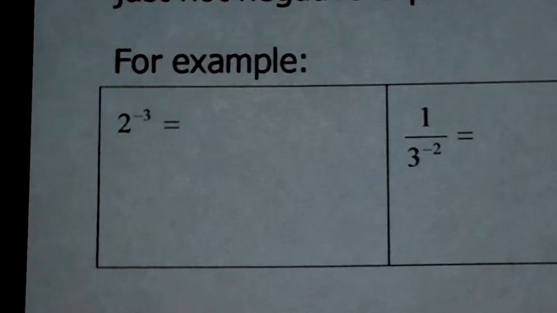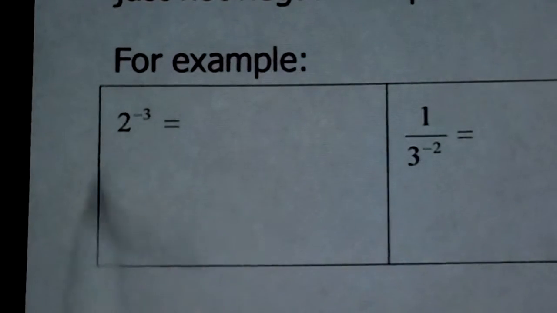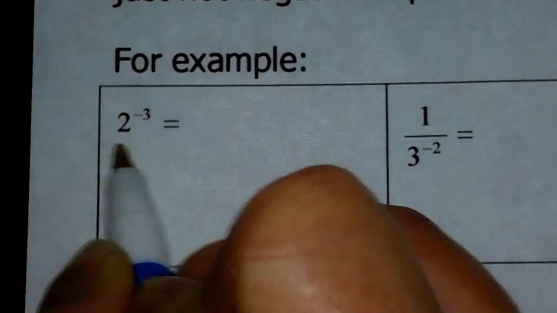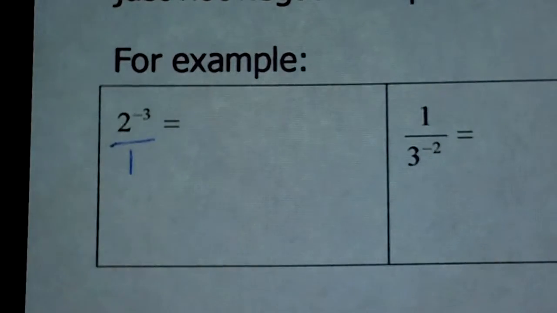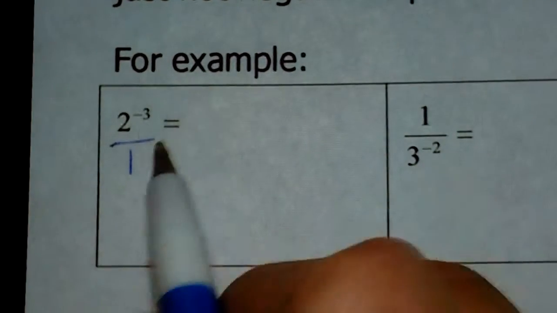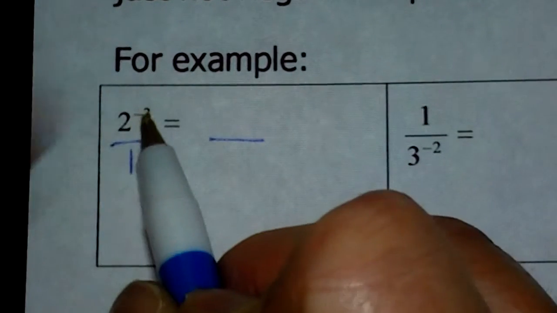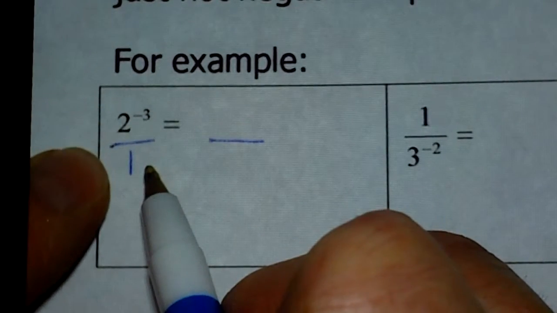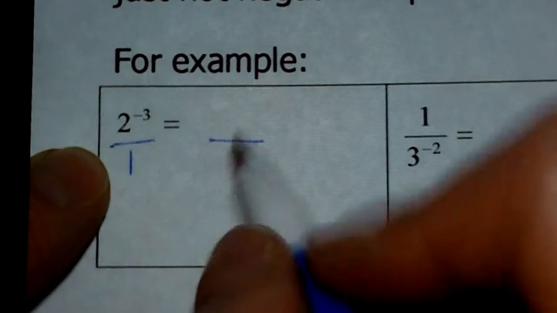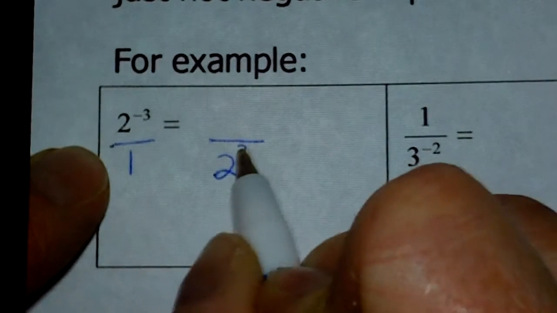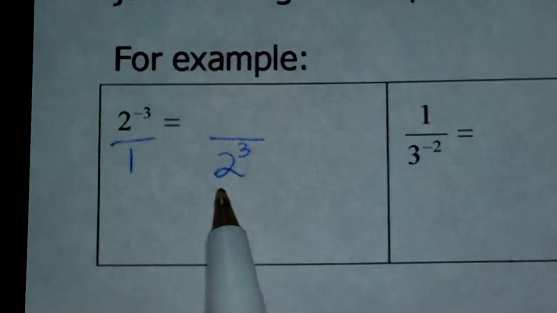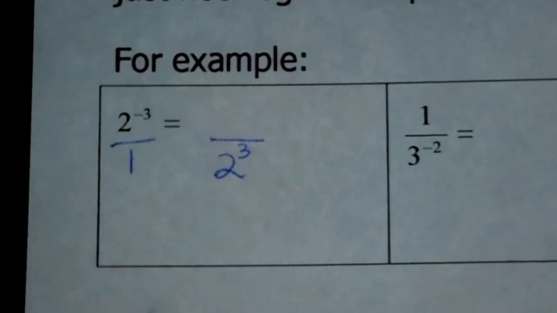And I just told you, this isn't in simplest form because you're not allowed to have a negative exponent. So if I were to write this as a fraction, I'd put a 1 under it, right? Now, in order to get this negative exponent to go away, I just simply need to push it to the bottom. I'm going to take the reciprocal of it. So 2 to the third power goes in the bottom, and when there's nothing left up top, it doesn't mean that there's a 0.